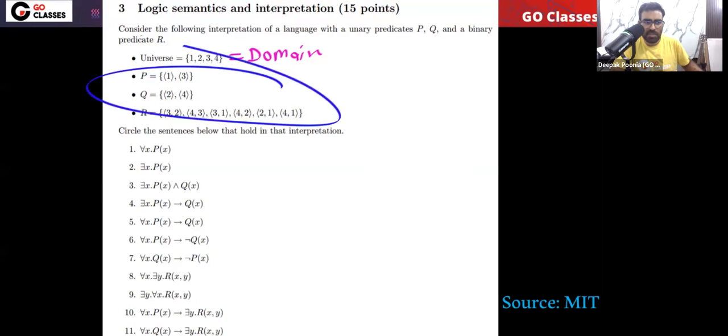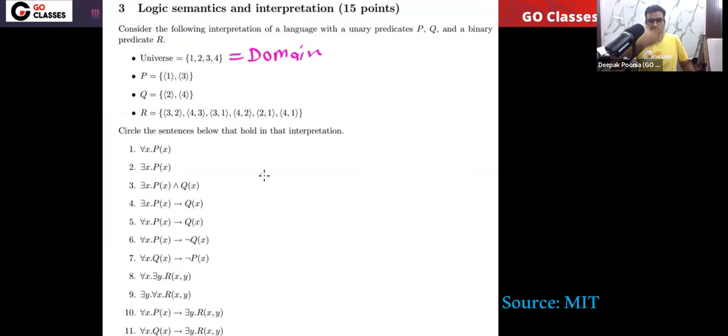Can you find out the meaning? Let me tell you the meaning. Notice p, q are unary predicates, meaning they are defined over one variable. And r is a binary predicate, meaning it is defined over two variables.